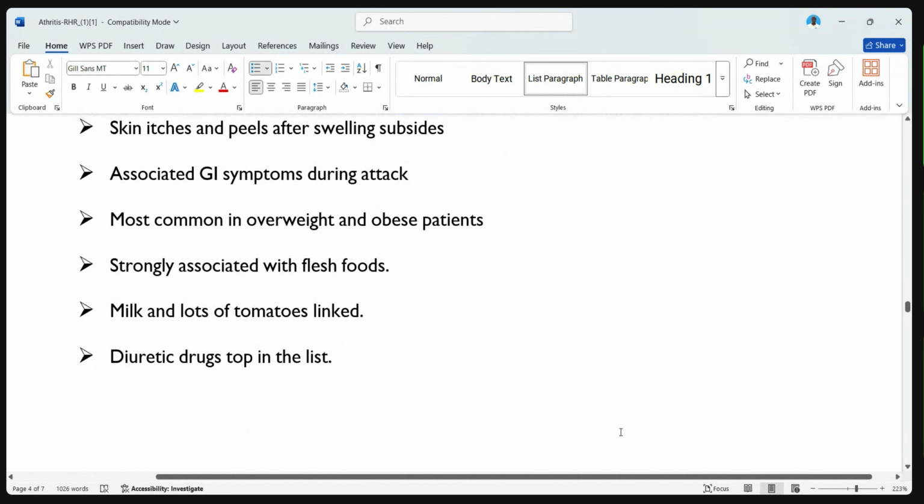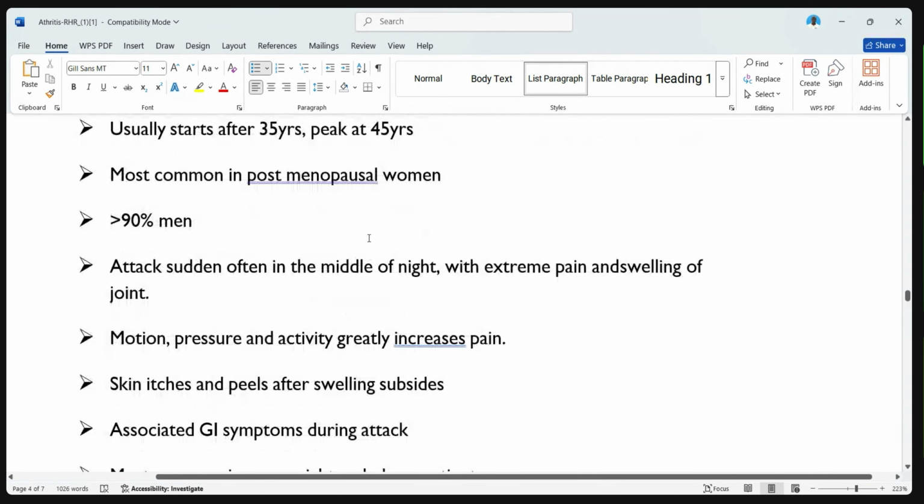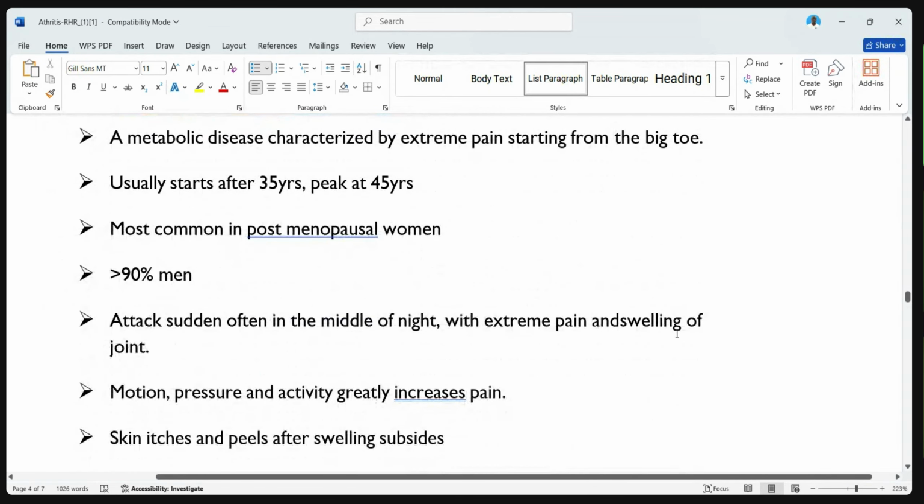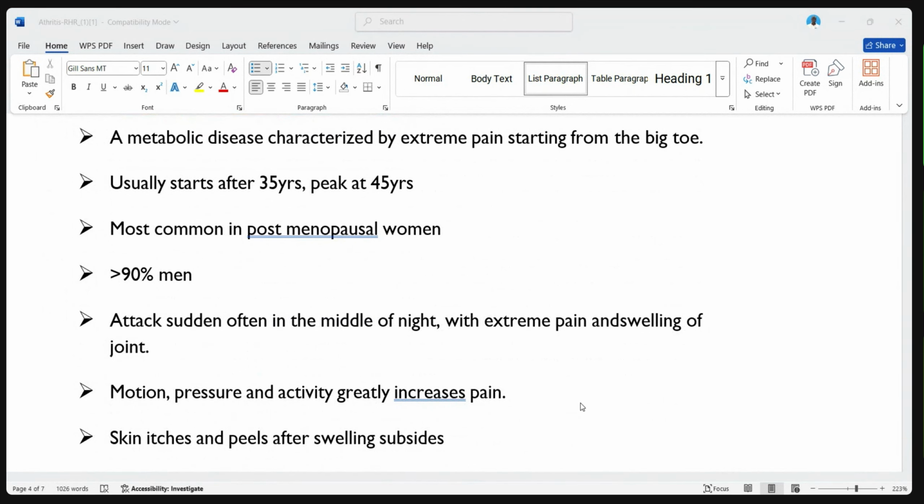Milk, why? Because milk is fermented in lactic acid, and this is actually accumulating. By the way, if you ask me of accumulation of uric acid, then I will tell you, of course, this is an acid.